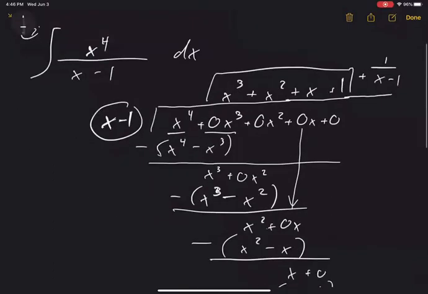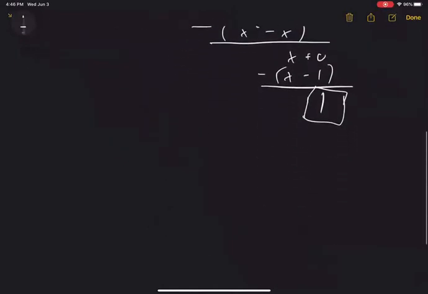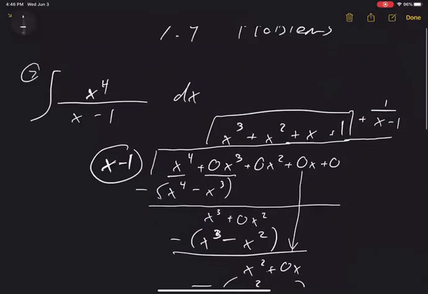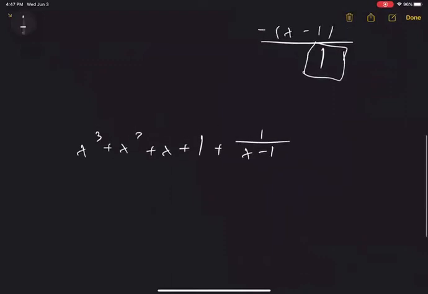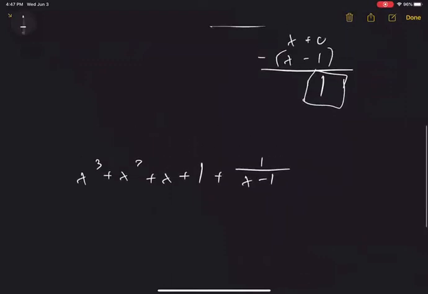So when I do my polynomial long division, I end up with x cubed plus x squared plus x plus 1 plus 1 over x minus 1. That's what I get when I do x to the 4th divided by x minus 1.